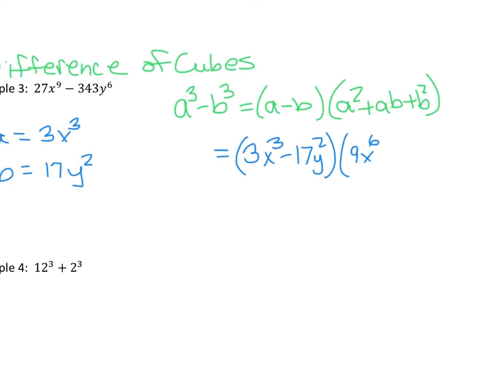So we've got 3 times 7 is 21 for a coefficient times x cubed y squared. And 7 squared is 49. And y squared squared is going to be y to the 4th.